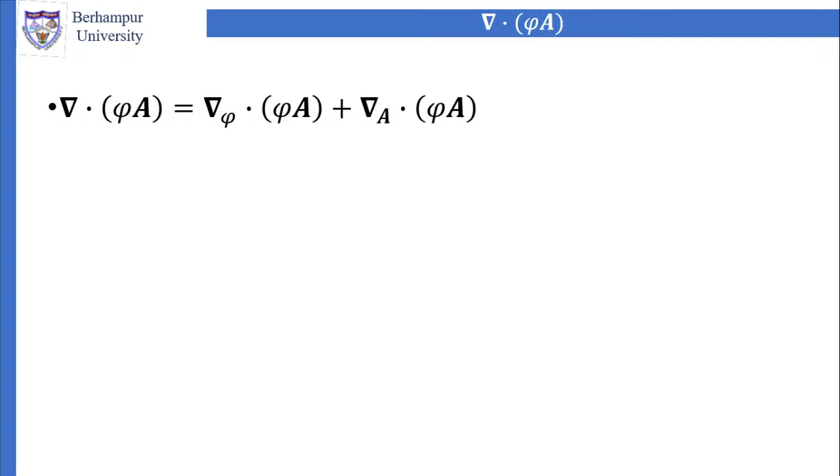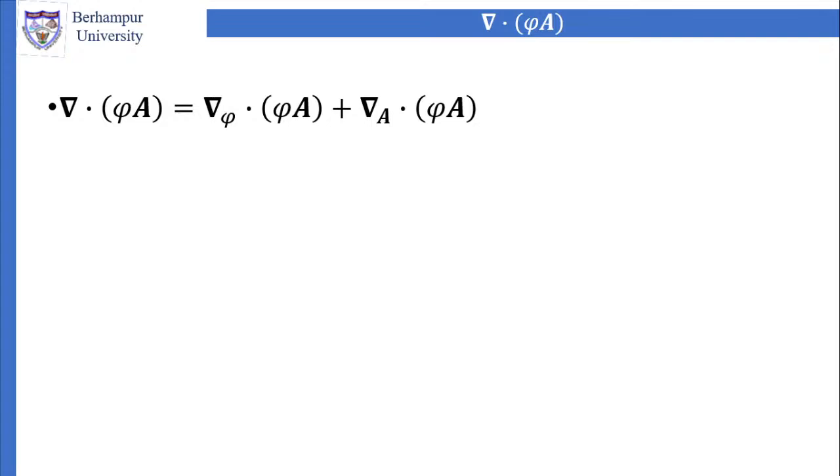Now when we take divergence of phi A, del will operate on phi and del will operate on A. When del operates on phi, we say it is del phi dot A, plus when it is operating on A, we say del A dot phi A. Now in the first case, it will be operating on phi.